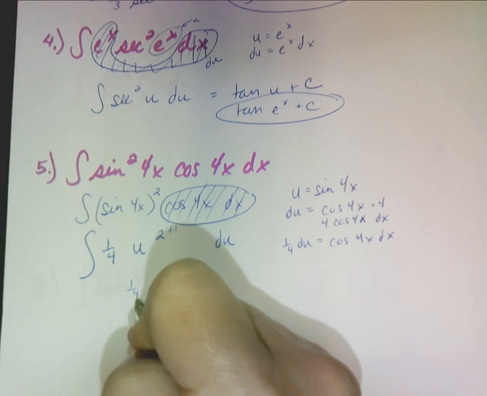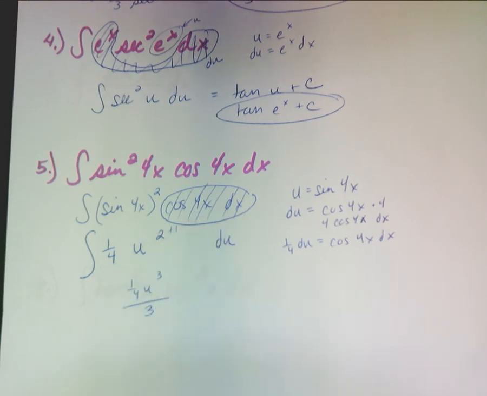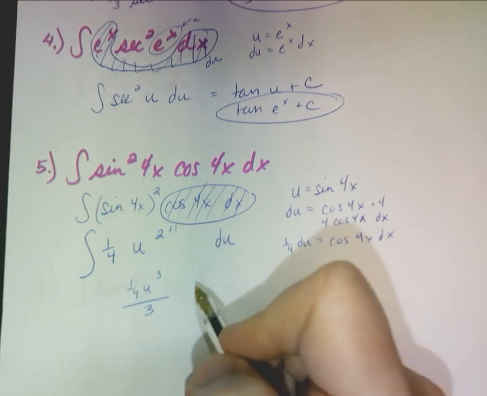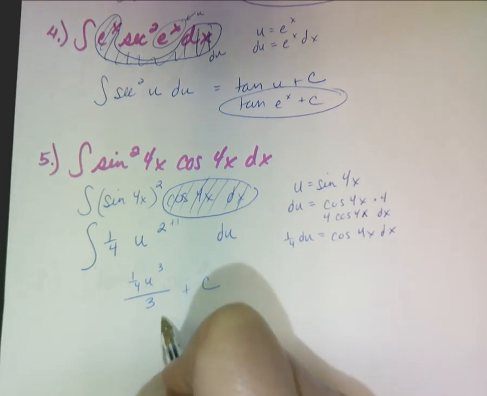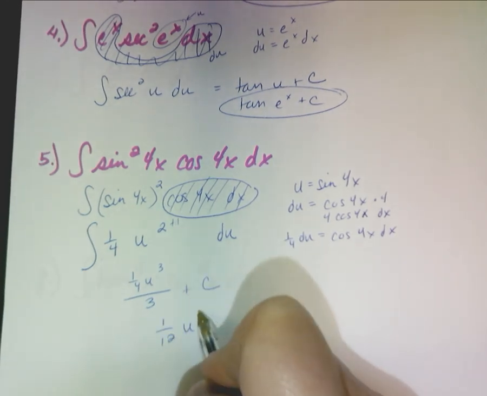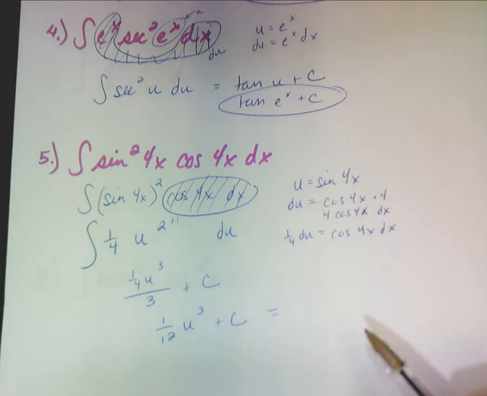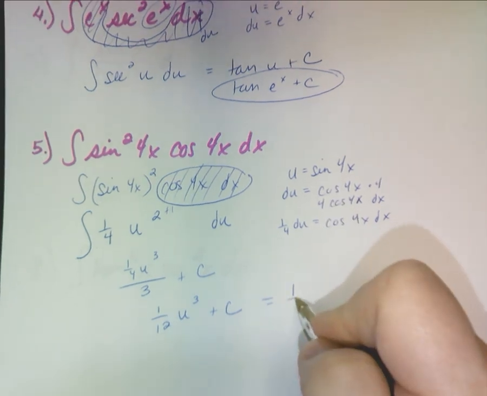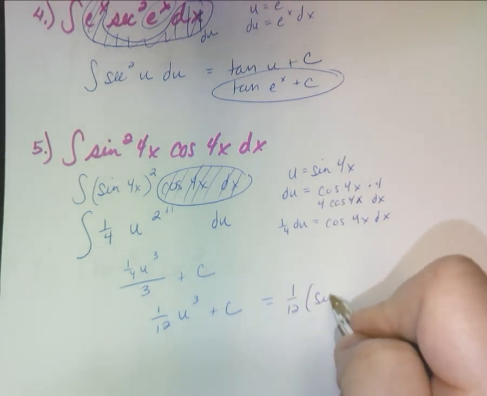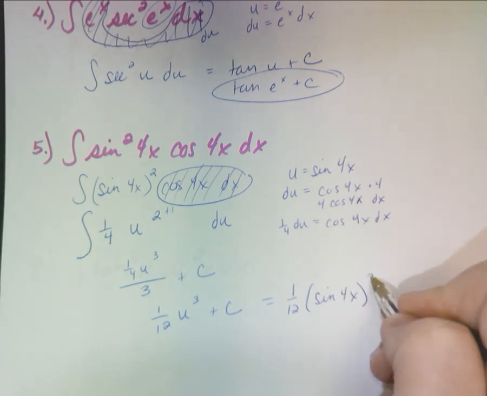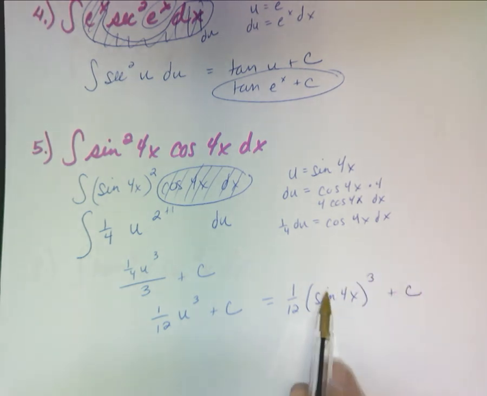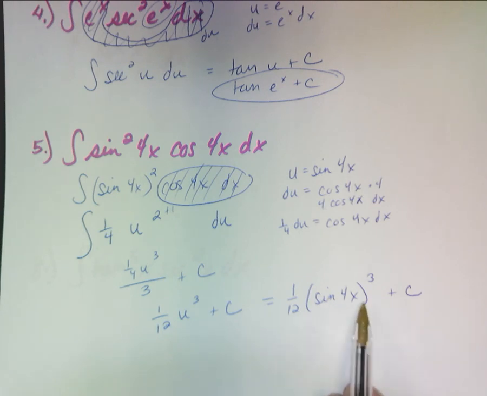So 1/4 u to the third divided by 3, plus c, which would be 1/12 u to the third plus c, and then replace your u. So that would be 1/12 sine of 4x to the third plus c. You could obviously call it sine cubed 4x.